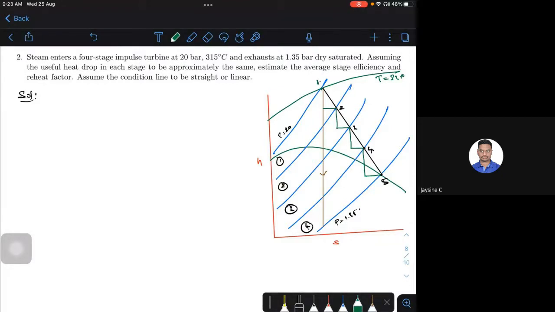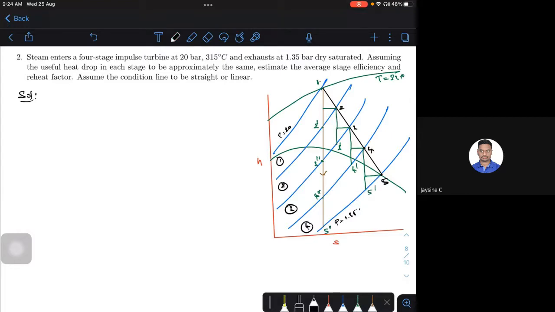So at each and every given point, this is your 2 dash, this is your 3 dash, 3 double dash, then 4 dash, 4 double dash, then 5 dash, 5 double dash.